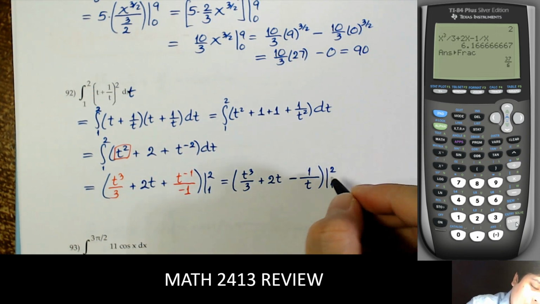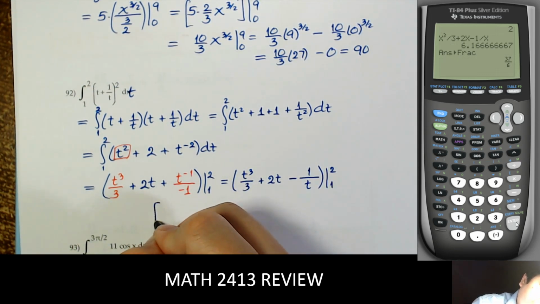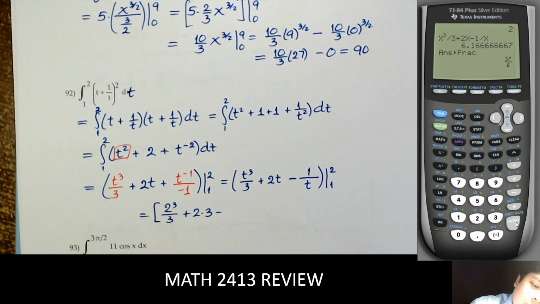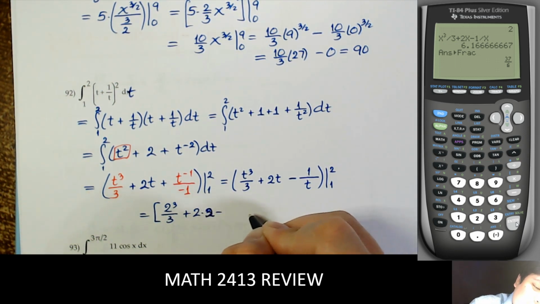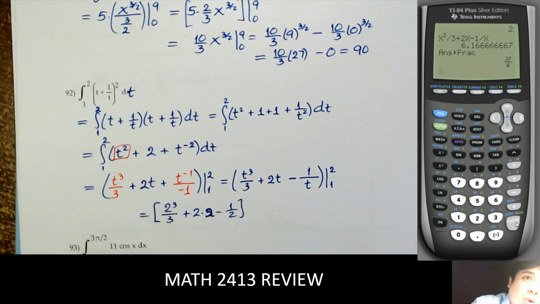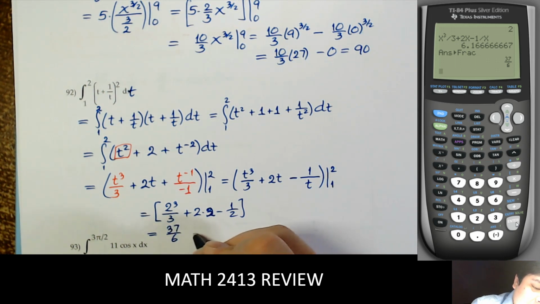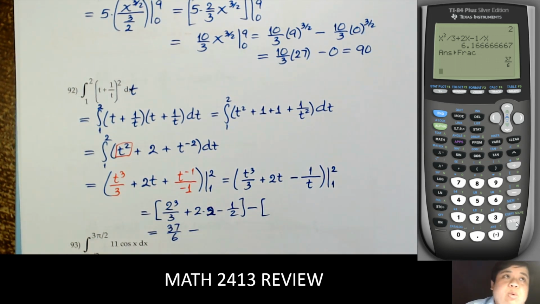37 over 6. So first we're going to put 2 in: 2 cubed over 3 plus 2 times 2, sorry, t is 2, minus 1 over 2. We put that in the calculator and we have 37 over 6. Then we subtract the case where we put 1 in, so just store 1 into x, copy and paste the equation, and convert to a fraction too.